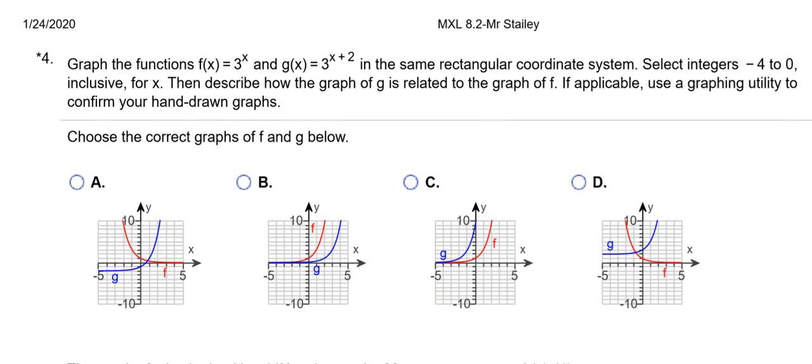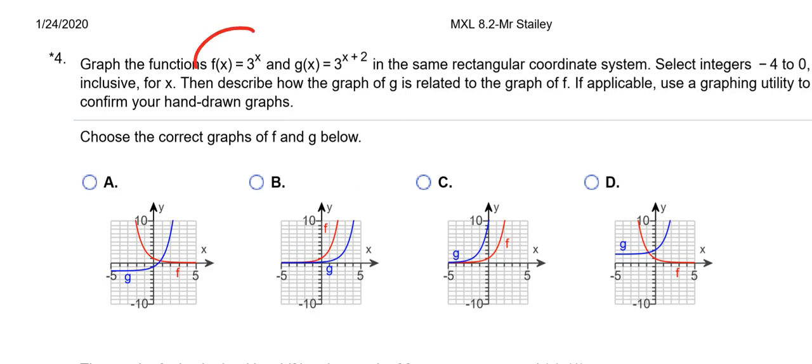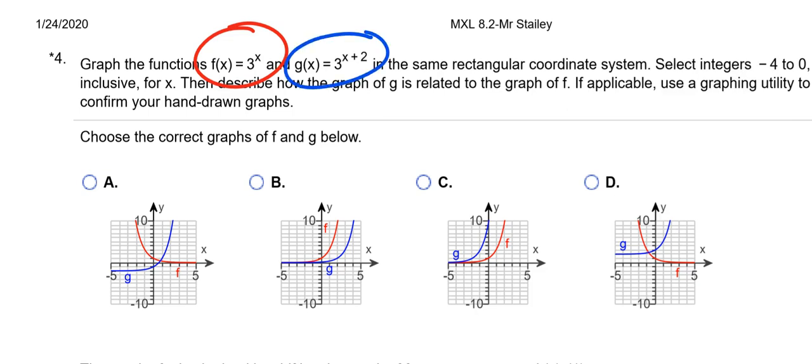Okay, now you might have to look at mine with the blue and the red. The original function f will be in red. And for you, that would be a lighter color on the black and white copy. And the darker one would be the blue one. How do I know right now that A and D are bad choices? Yes, these are exponential growth, and you can clearly see A and D have decay in them.